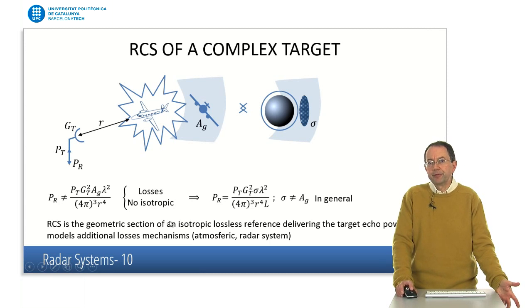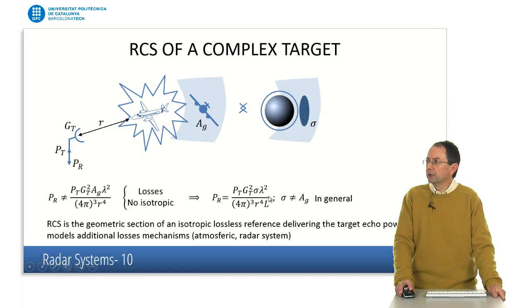So we define radar cross-section as the geometric section of a reference isotropic lossless target, which delivers the same echo power as in the real case, when we make an experiment with a radar.